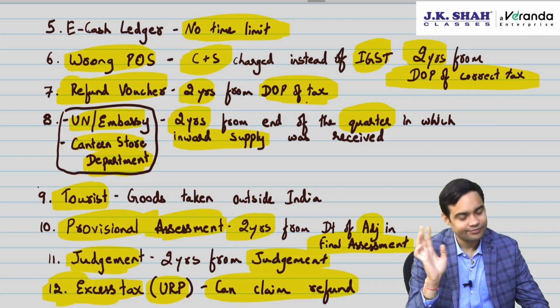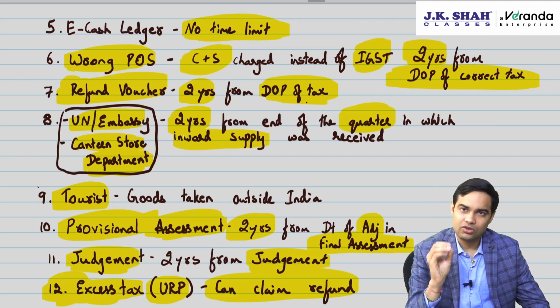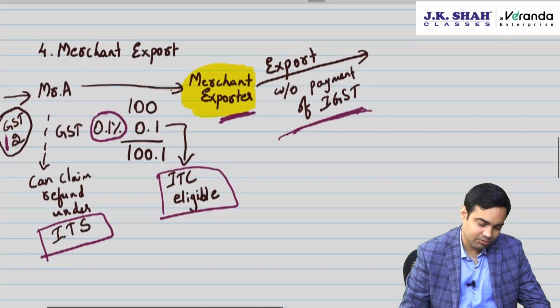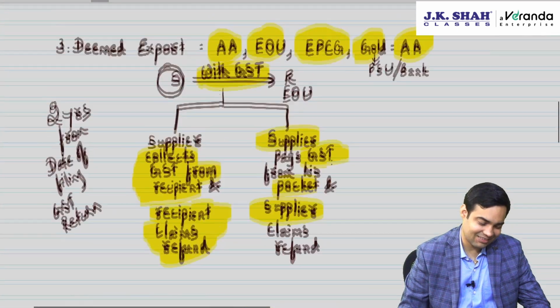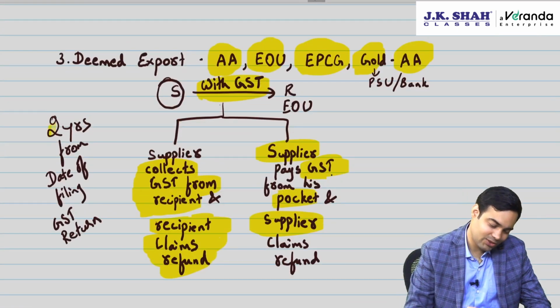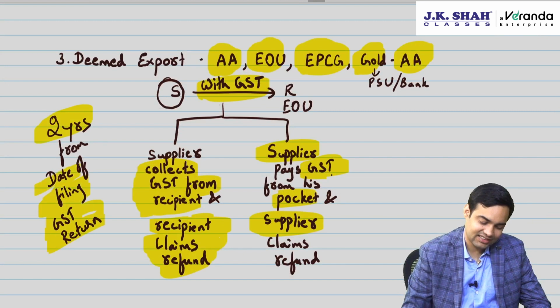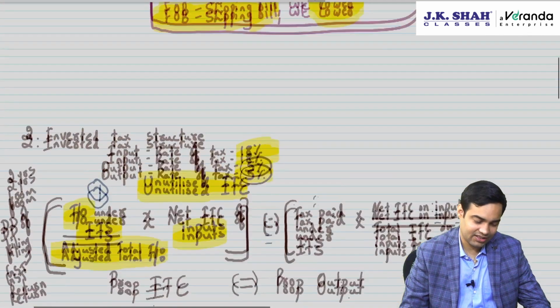Clear? Okay. Now, whenever you talk about all these cases, we have discussed these 2 years for all these cases. What about other? Merchant exporter 2 years is not applicable because he doesn't apply for refund only. Deemed export 2 years from date of filing GST return for the tax period for which you are claiming refund.